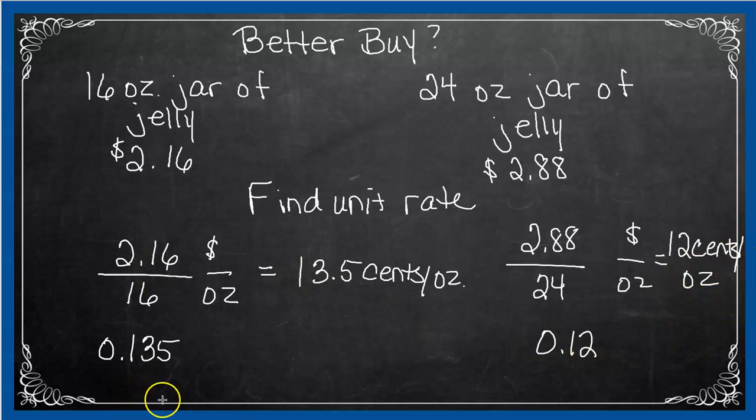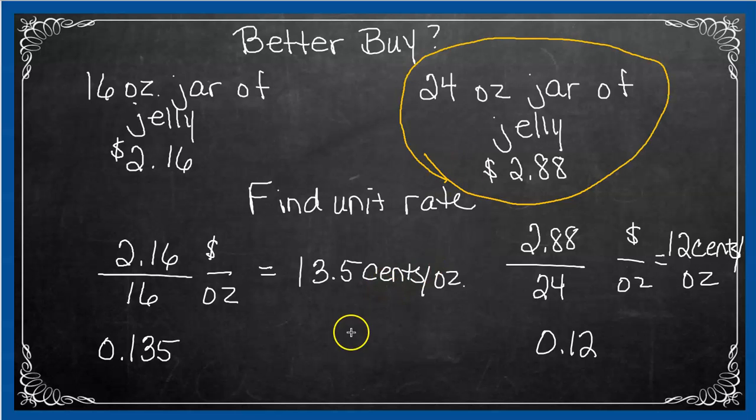So which one has the better unit rate? Well, 12 cents is less than 13.5 cents. So that means that as long as I don't mind buying a bigger jar of jelly, this one has a better unit rate. I would buy this one because I know we're going to go through it in my family. So I would buy the bigger jar of jelly because it is less per ounce than the smaller jar.